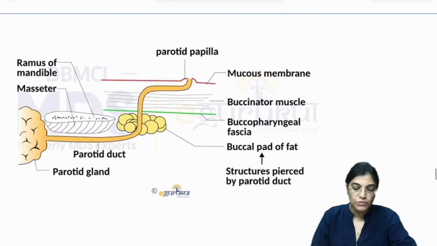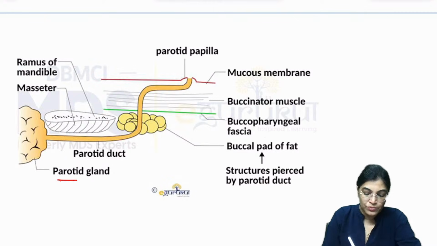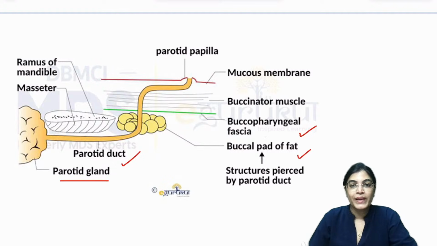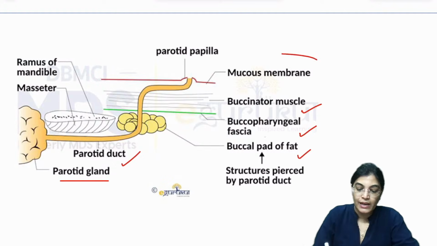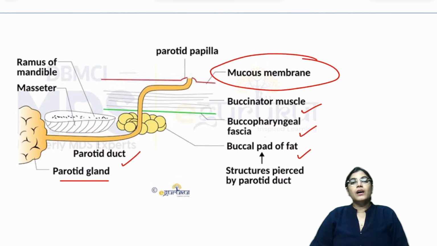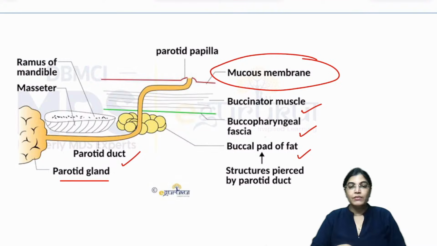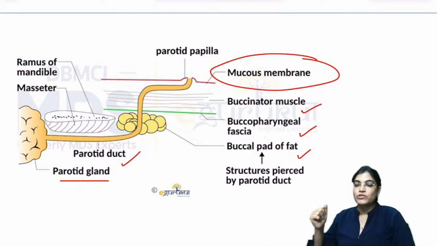See this diagram. You can see the parotid gland from which the parotid duct, Stensen's duct, anteriorly arises. It pierces the buccal pad of fat, buccopharyngeal fascia, and buccinator muscle, and ultimately it opens around the parotid papilla in the mucous membrane. It drains serous salivary fluid, and its secretion is controlled via the glossopharyngeal nerve, basically via the tympanic branch of the glossopharyngeal nerve.